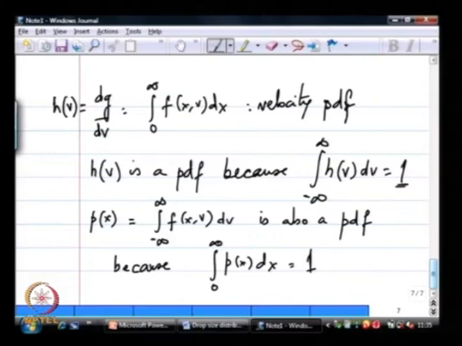So, this p of x is where I have integrated out the probability in the velocity space.